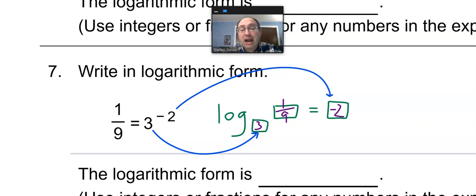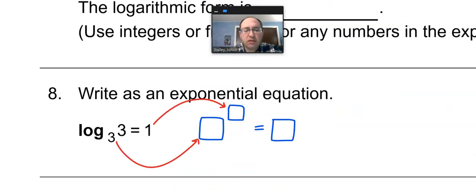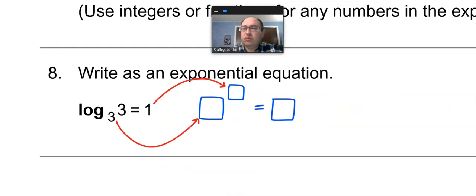Now we will go backwards to the other form too. We will start with log form and go back to the other form here. One more of these. So the base is 3, right? That's the little subscript. The exponent, that's a 1. And what does it equal? It equals the argument, the remaining thing left. 3 to the first equals 3. Now, I use these boxes.